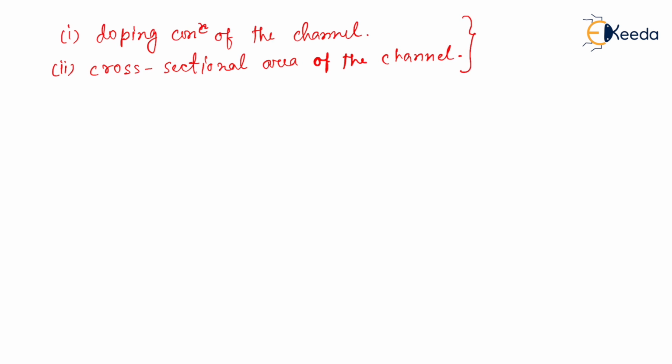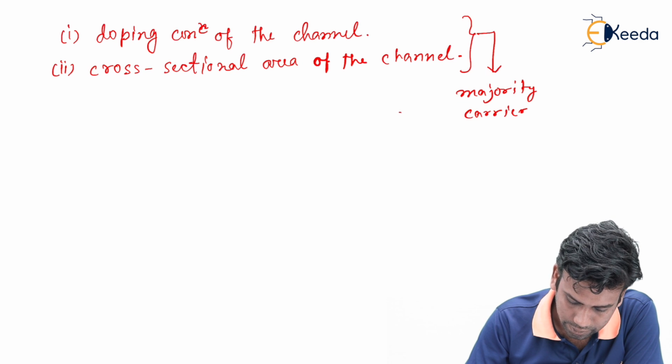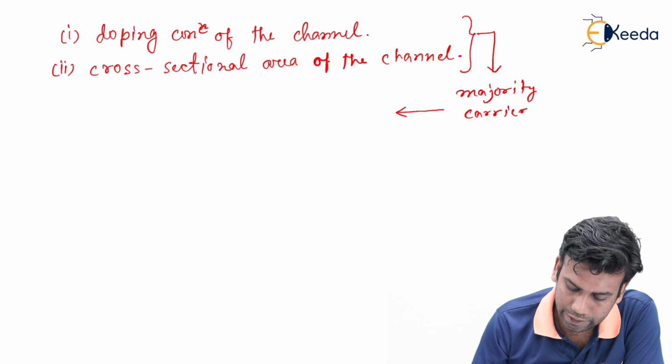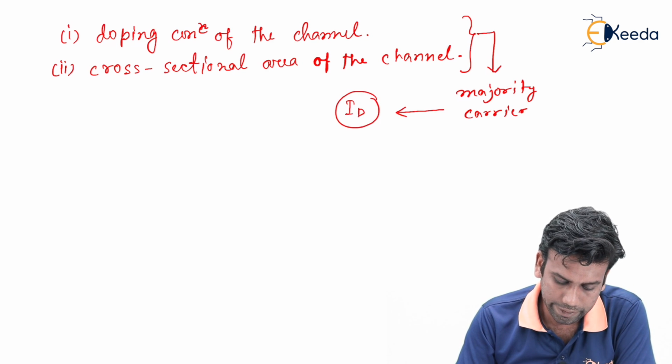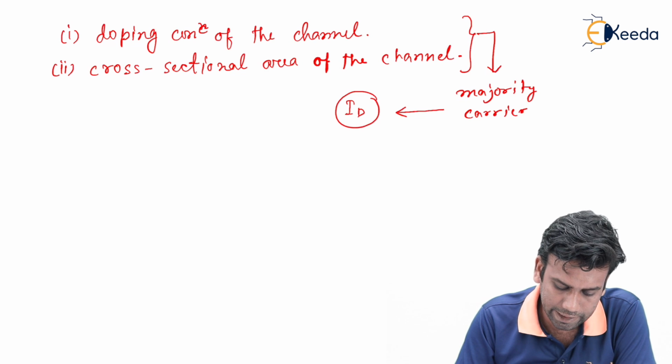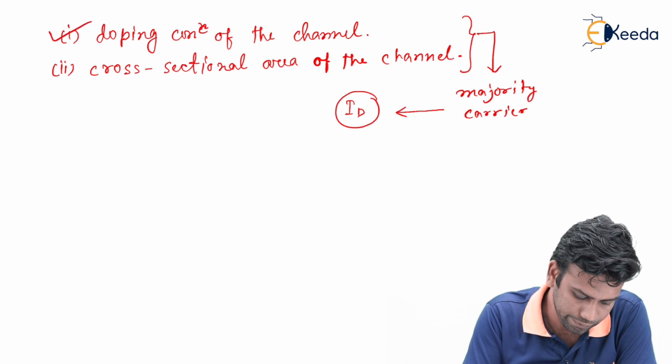And these two factors control the majority carriers inside the device, and these majority carriers control the amount of drain current flowing through the device. That means the ID current is controlled by these two factors.